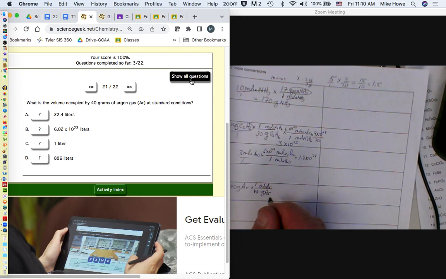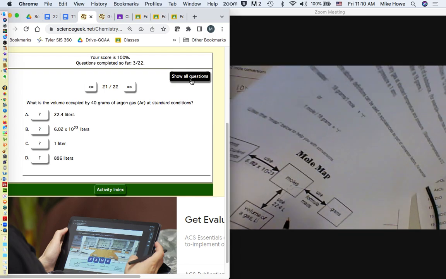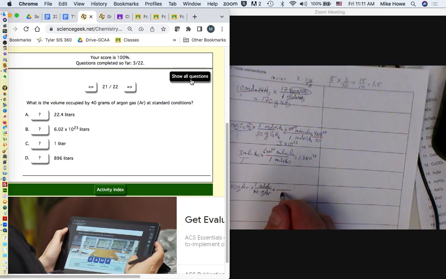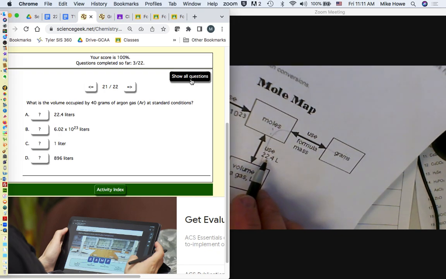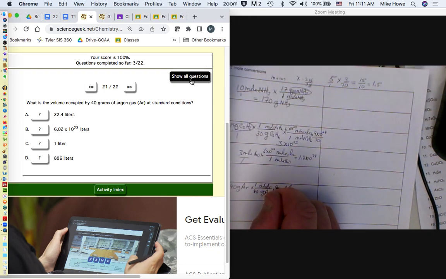So that's where I got 40. But since this is a 2-step problem, we're trying to get to volume. We'll go ahead and put moles on the bottom, liters on the top, because we're trying to find volume. The number 1 always goes with moles, and the liters would be 22.4 right here. There are 22.4 liters in 1 mole.